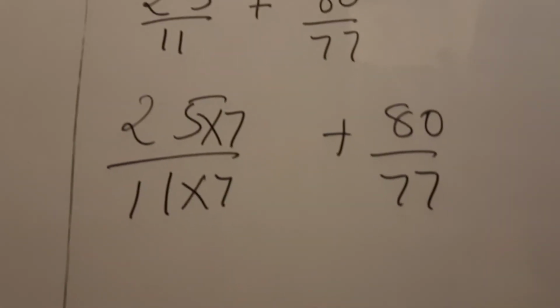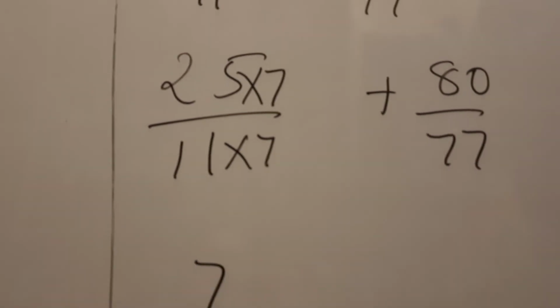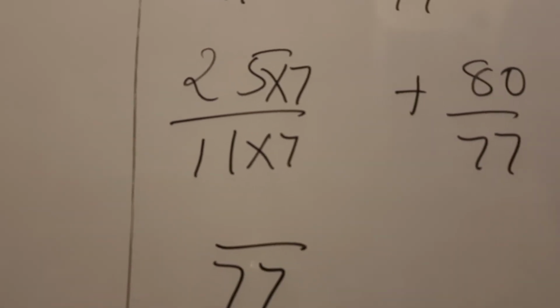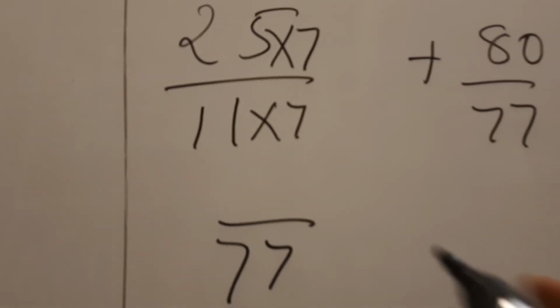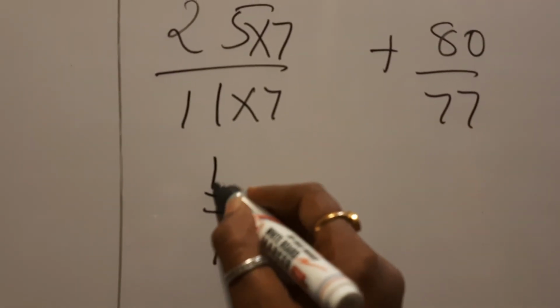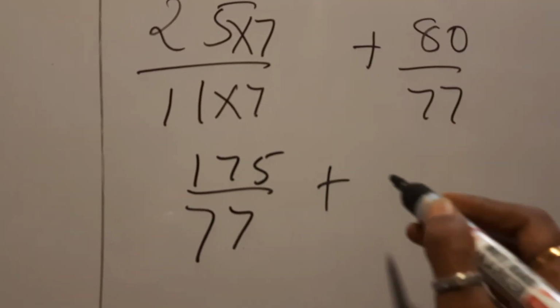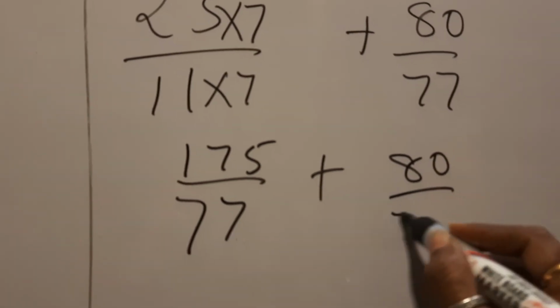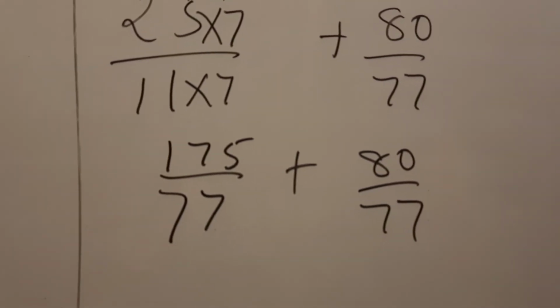Let's get back. 11 sevens are 77. So 25 into 7, 175 upon 77 plus 80 upon 77. See, so easy, no?